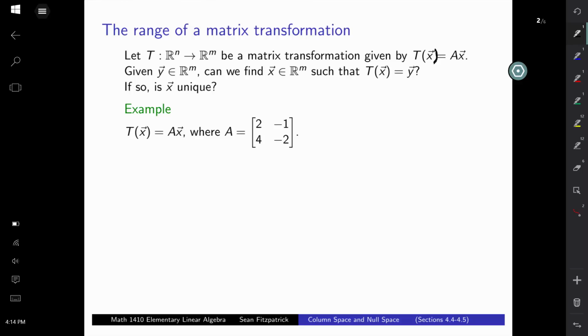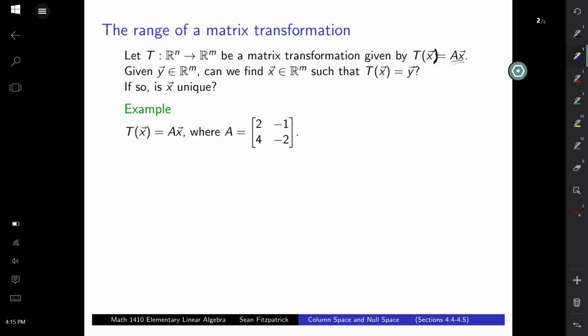You can talk about all the possible outputs that a function produces. So, as you consider every possible value for this vector x in Rn, what are all the vectors of the form A times x that you can produce? In other words, which vectors y in Rm, in the codomain, can be written as T of x for some vector x? What are all the possible outputs?